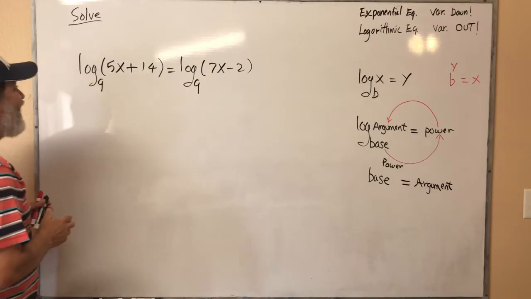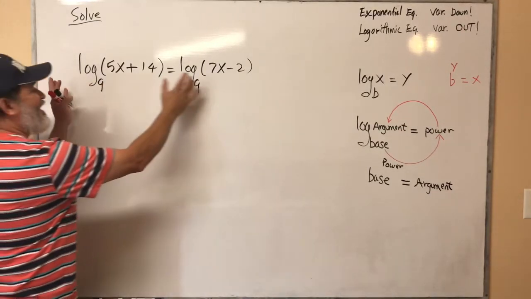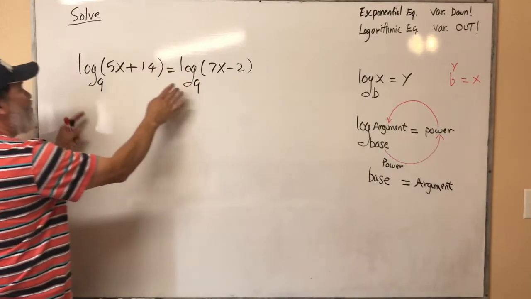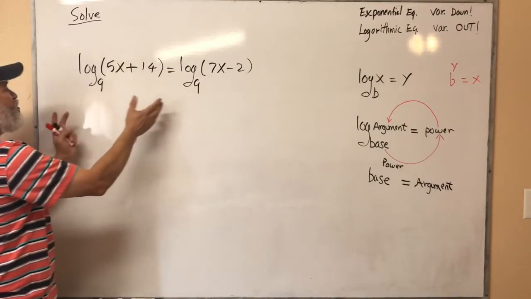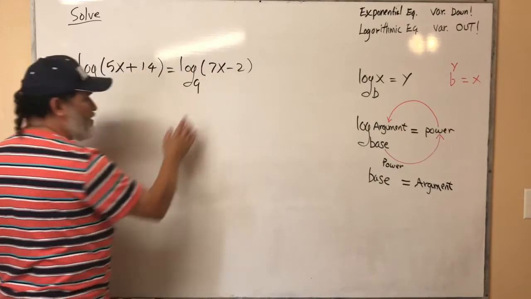Because if you look at this, everything is the same. Here's the log base 9, log base 9. The only way this is going to be true is if this argument equals this argument.